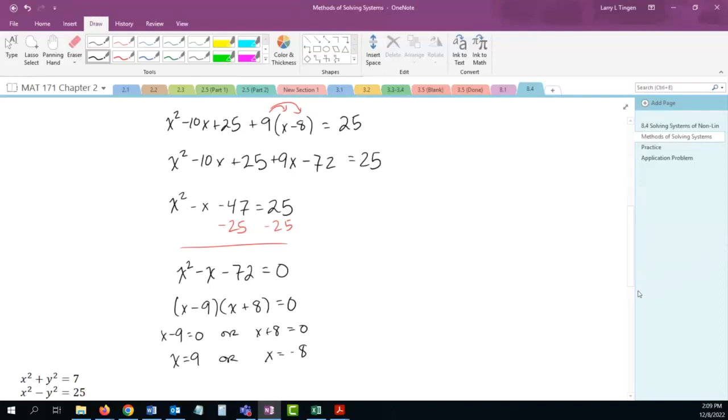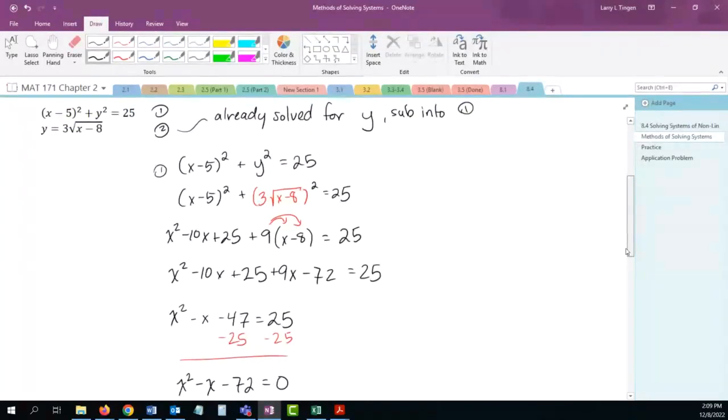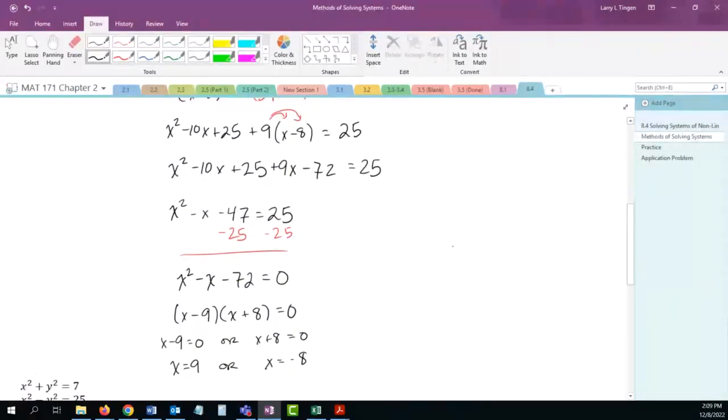All right. And then we take those and we check them. So come over here to the side and I'm going to check 9. The original equation, the easier one to deal with is equation 2. But remember, we have to do both.